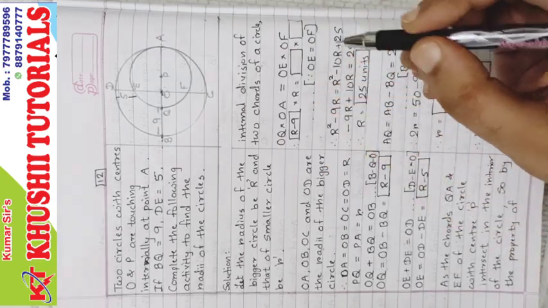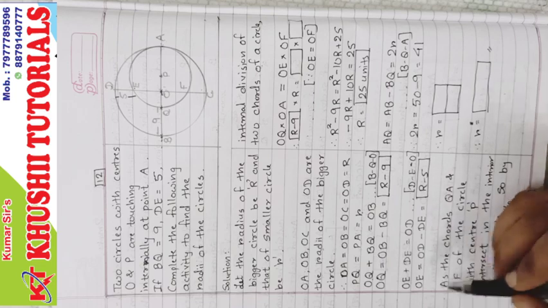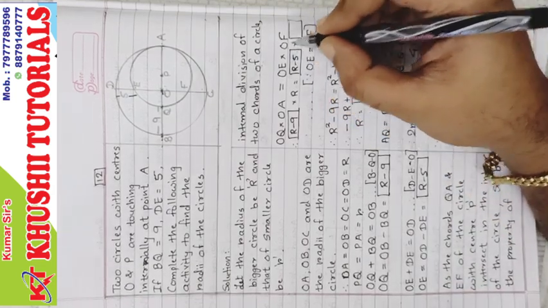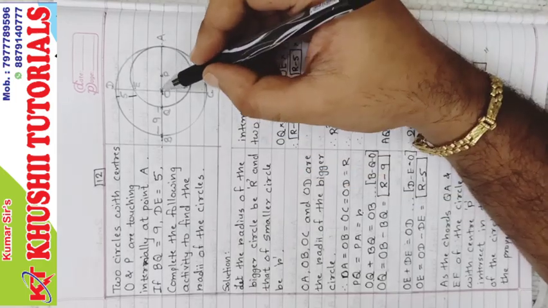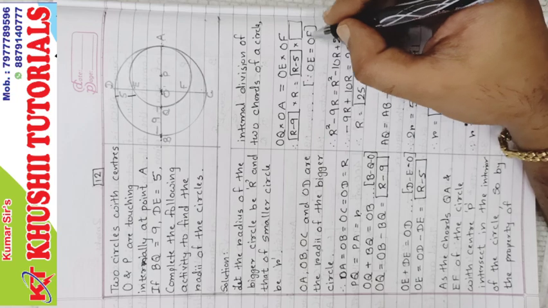into R. OE we also got, r minus 5. OF is also the same, which is also r minus 5.